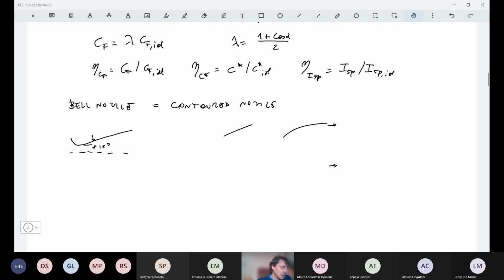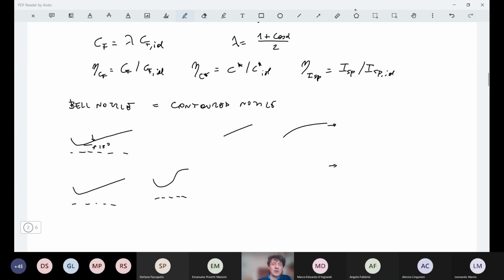What we have to take into account in this discussion is that within our divergent section we have a supersonic flow, and supersonic flow must be treated according to its properties. So you cannot say that, okay, instead of having this cone, I just do something like this and I found my solution.